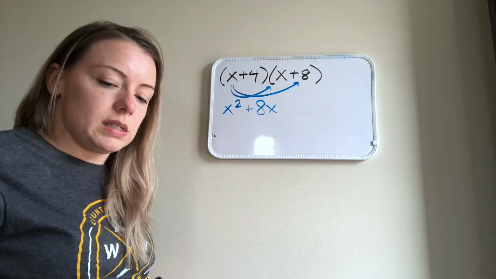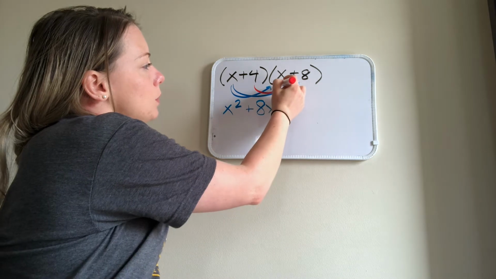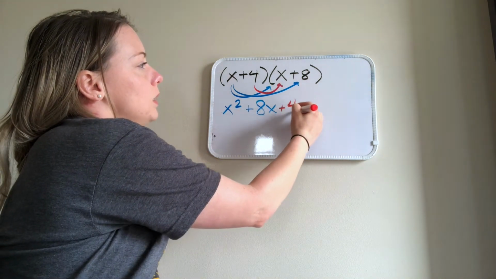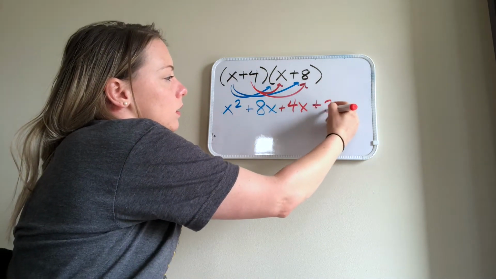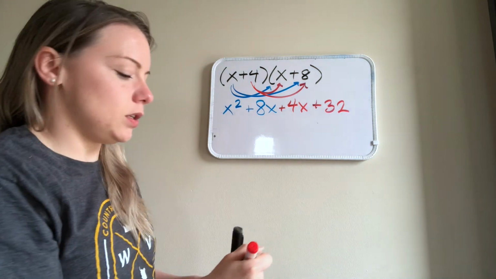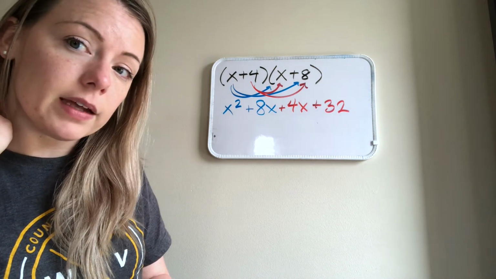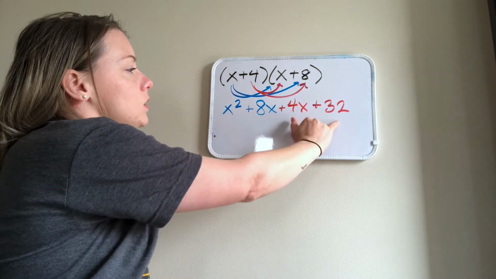Now we need to do the same thing, but we're going to take this 4 and multiply it by each of the pieces in the second binomial. So I'd have plus 4x, and then I have 4 times 8, which is plus 32. The next step is that we need to combine our like terms. You can see here that there are no other x squareds.